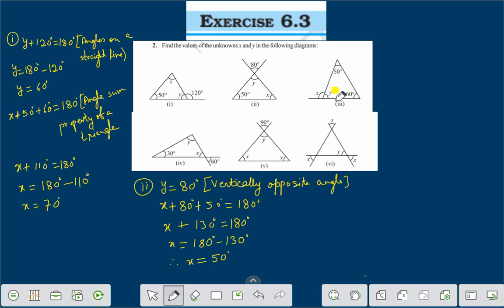Now in figure 3 here you see that x and y. Here you see this is 50 degree, this is 60, this is y. We know that the sum of the angles of a triangle is 180 degree.